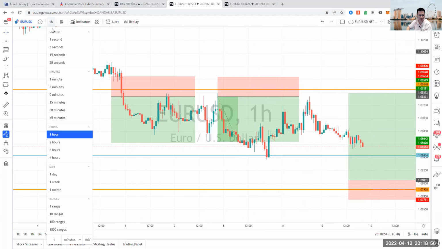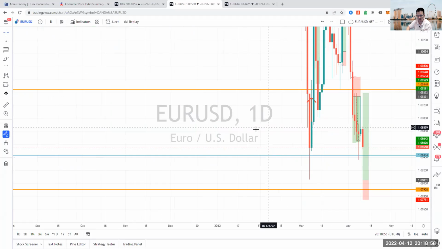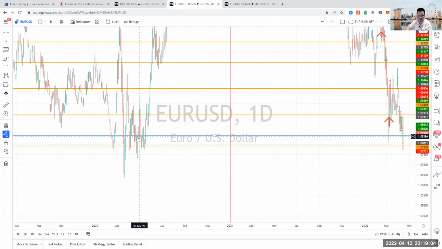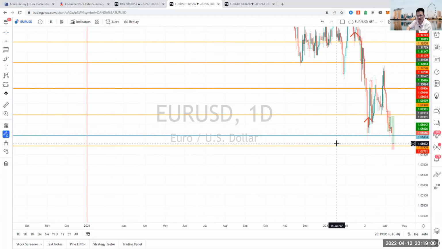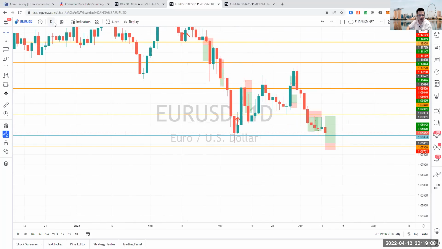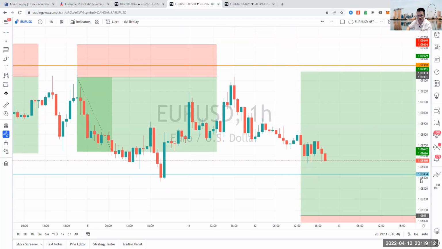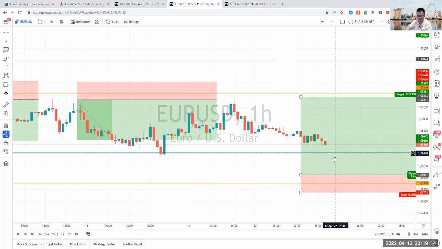I shared this morning, looking at it on a daily time frame here, we are at a very, very low point, right? The last time we came to this point was back in 2020. So you could be looking for this to come down if it breaks below.